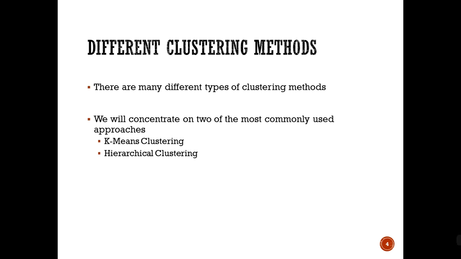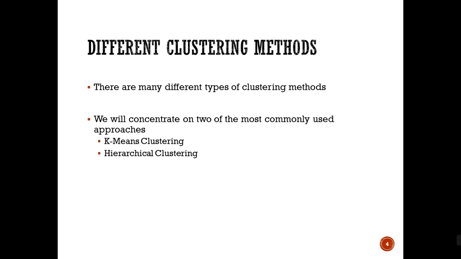So this is done in a hierarchical fashion. Hierarchical clustering is very interesting, but for the limit of time, today we focus on k-means clustering. So let's talk about the simplest method, k-means clustering.